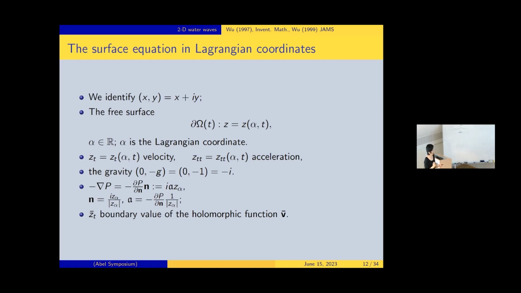A is just negative dP/dn times 1 over the length of z alpha, because n is a unit normal vector. Now, incompressible, divergence and curl equal to 0 of the velocity, corresponds precisely to the fact that V bar is holomorphic. So z_t bar, that's V bar, is a boundary value of a holomorphic function.